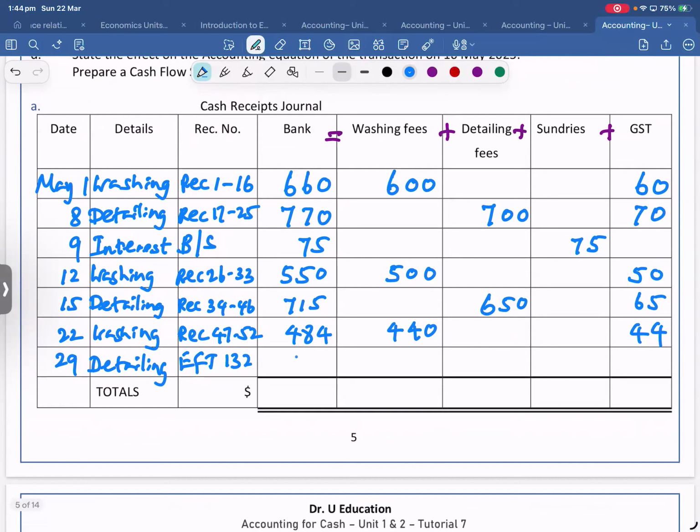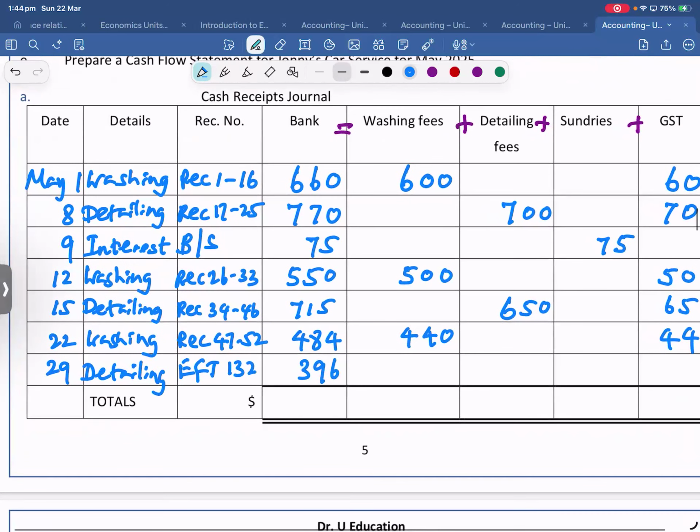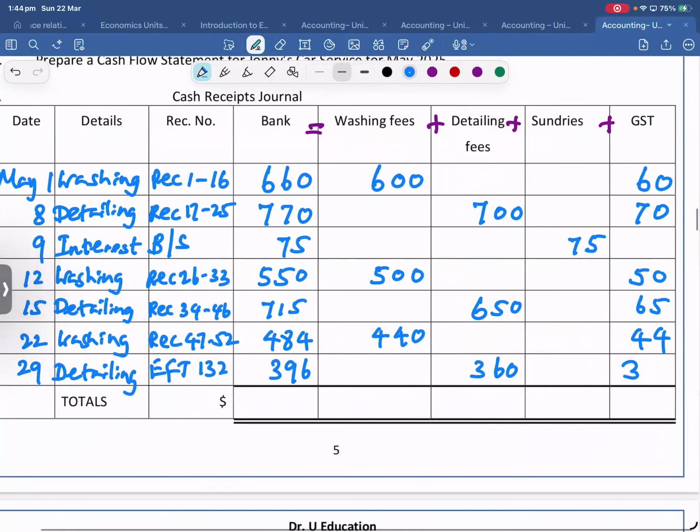So how much? The total is 396. How much is detailing without GST? Detailing 360. Very good. And then 36 is GST.